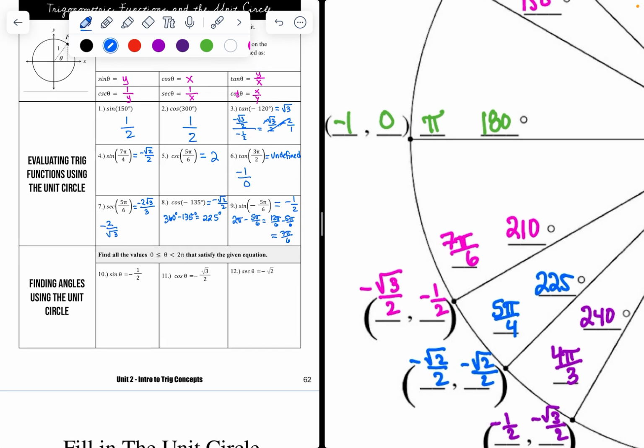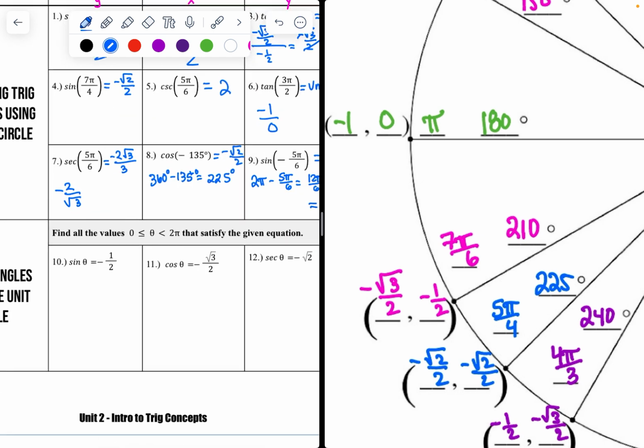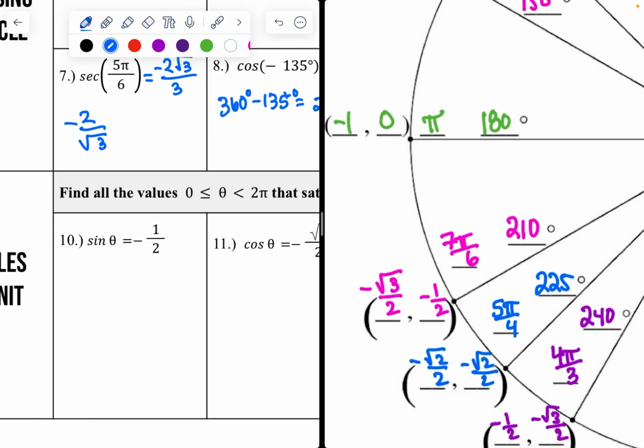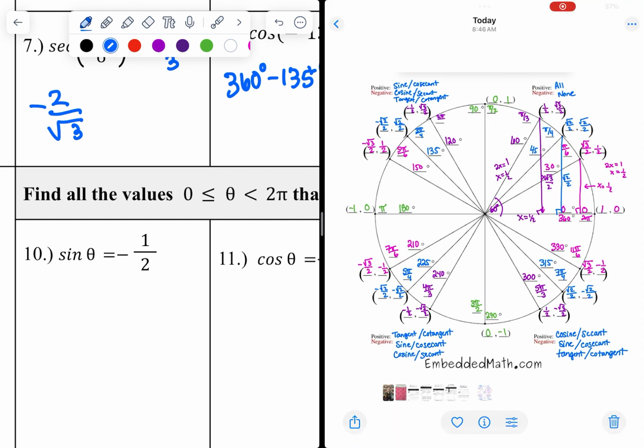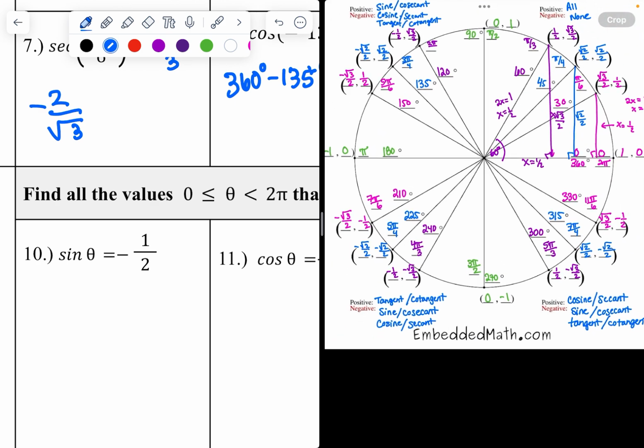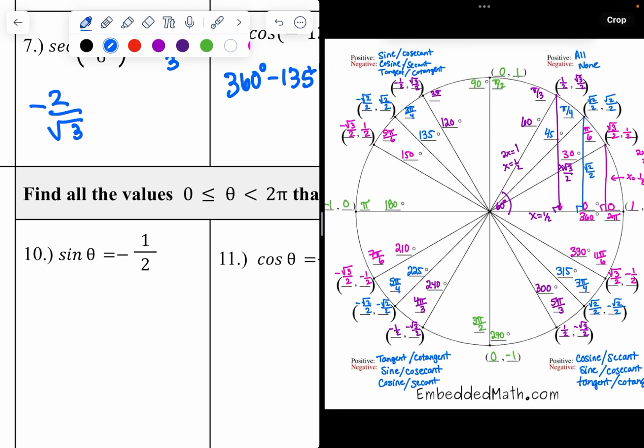All right, so what if we want the angles and we're using the unit circle? We're going to find all of the ones that satisfy the given equation. So if we want the sine to equal negative 1/2, we're looking for which ones have a y coordinate of negative 1/2. We know sine is negative only in quadrants 3 and 4, the bottom 2 quadrants.